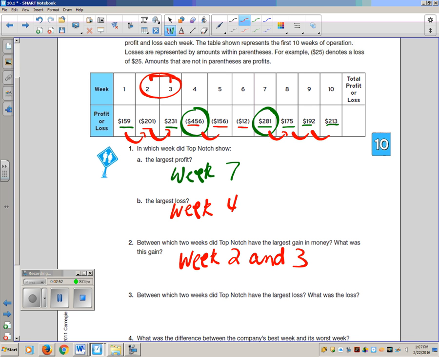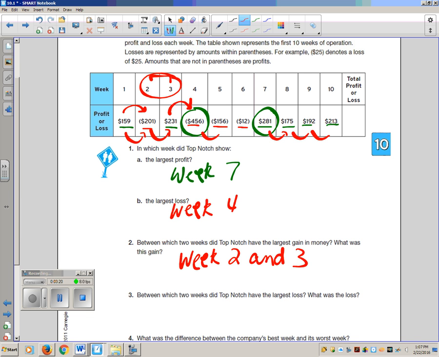Number 3, between which 2 weeks did they have the largest loss? What was that loss? So we're looking for numbers that go down. If you go from 159 to negative 201, that's a pretty big loss. What, $360? Week 2 to week 3, that's a gain. We already know that. 3 to 4, 231 to negative 456.